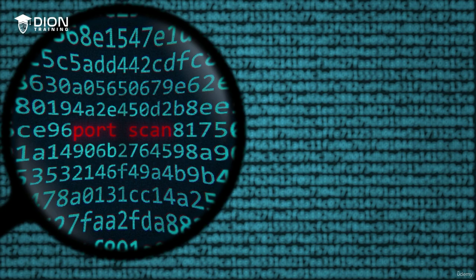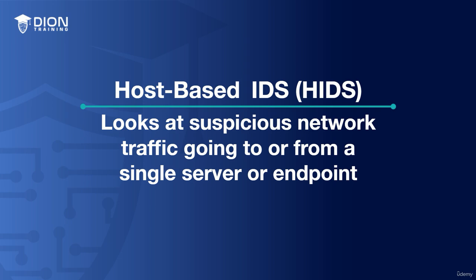Generally, you're going to see network IDSs are configured to look for network attacks or indications of an upcoming attack. Something like a port scan, suspicious content inside of a packet's payload, or traffic coming from or going to a suspicious IP or port. A host-based IDS, or HIDS, on the other hand, is going to be a piece of software installed on a server or endpoint.